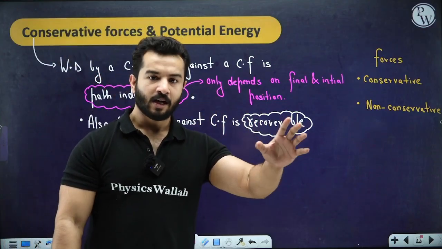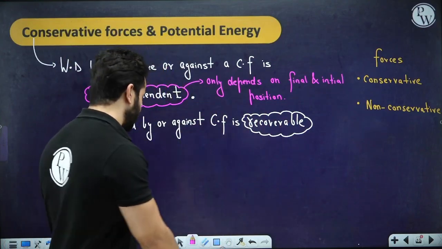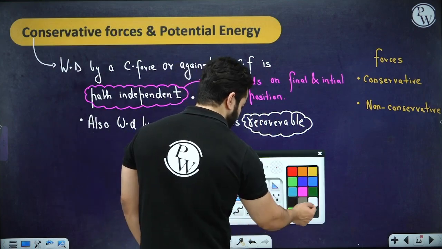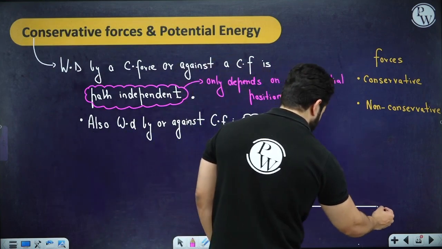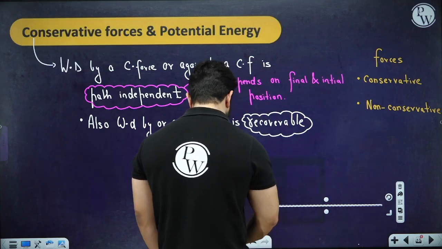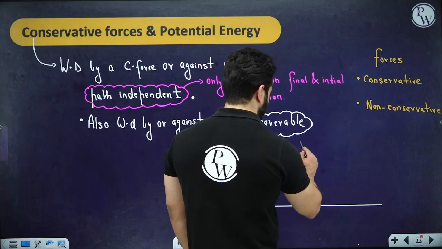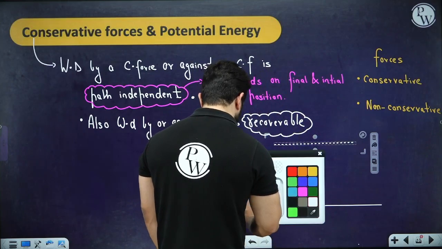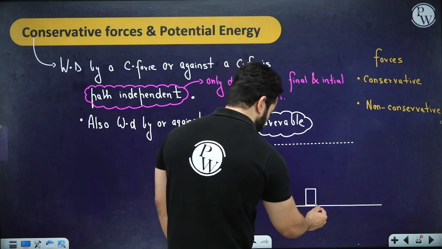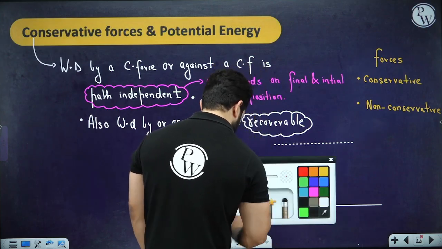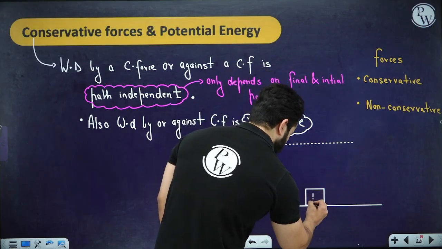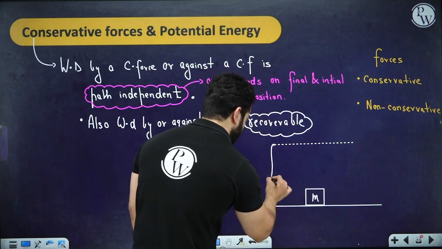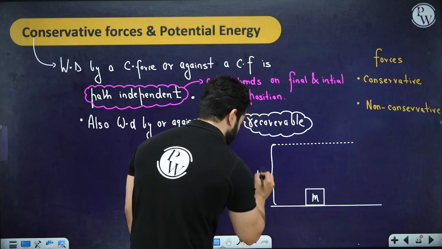and so on. But if you want an example, we can quickly take one. Let's suppose this is the ground, right? And we want to displace an object of mass m from the ground to this height h, right?